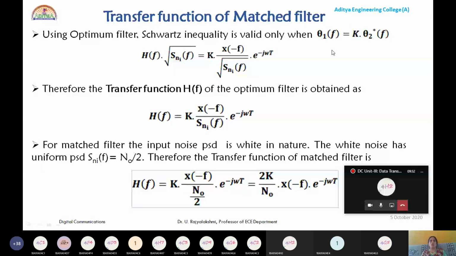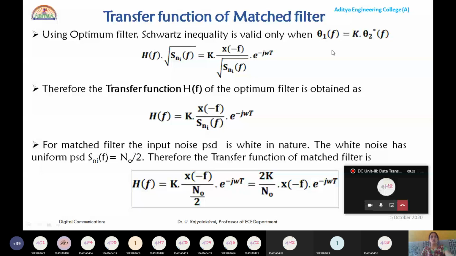Now let us calculate the impulse response of the matched filter. I think every student is familiar with the relation between the impulse response and the transfer function of a filter. Transfer function h of f is defined as the ratio of output voltage to input voltage in the frequency domain.